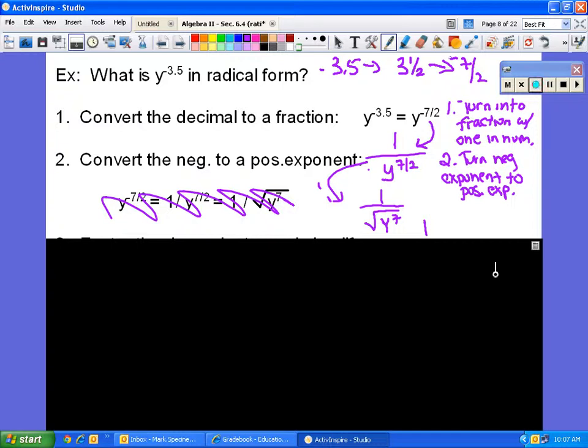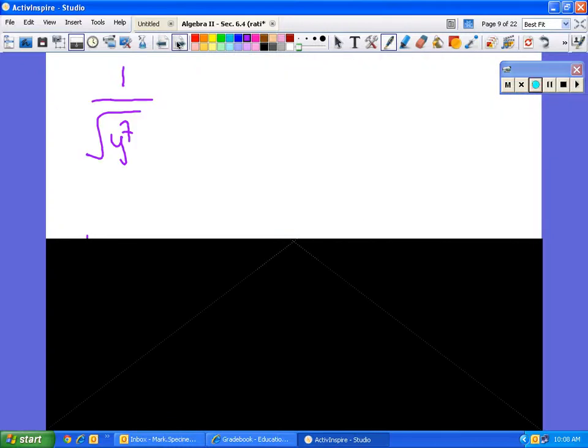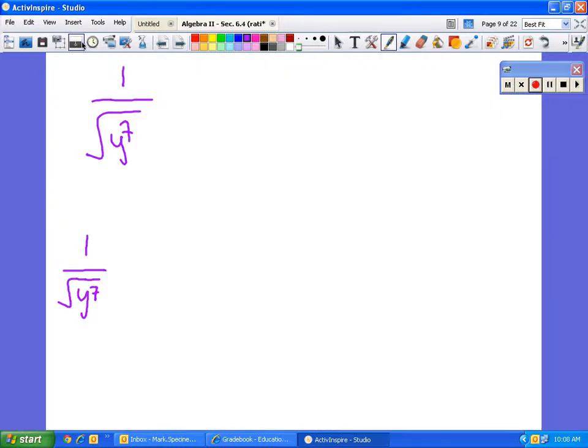Is there anybody not done copying what's on the board? There are two ways that we can go about rationalizing this denominator. I'll go over both ways. I'm going to go over the easier way first, so if we run out of time, at least you'll have that way to use on your homework.